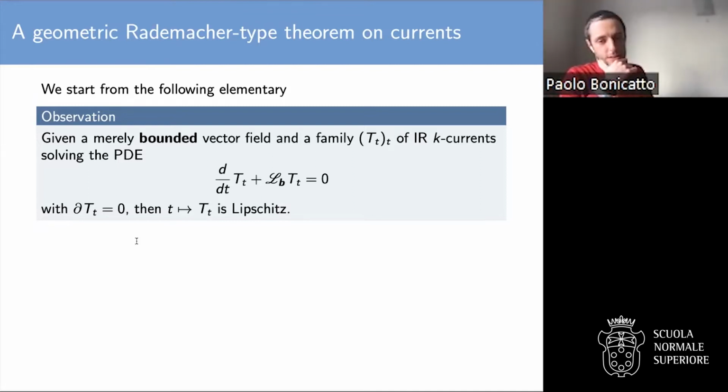Then it's easy to check that the map from the reals to the space of integer rectifiable currents is Lipschitz. And of course, I'm saying Lipschitz, so I should define at least a distance on the set of currents. Otherwise, it's not meaningful. One cannot understand what I mean by saying Lipschitz.